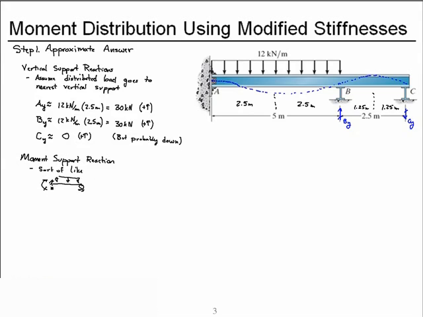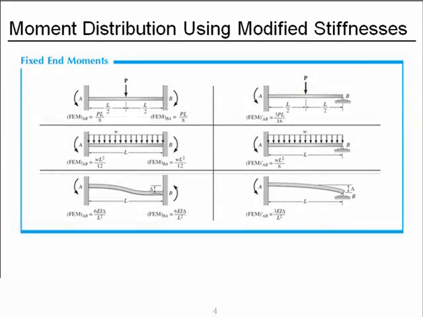And we can find this situation inside the back cover of our text. And so fixed, roller, uniform distributed load has the moment of omega L squared over 8, but not clockwise.